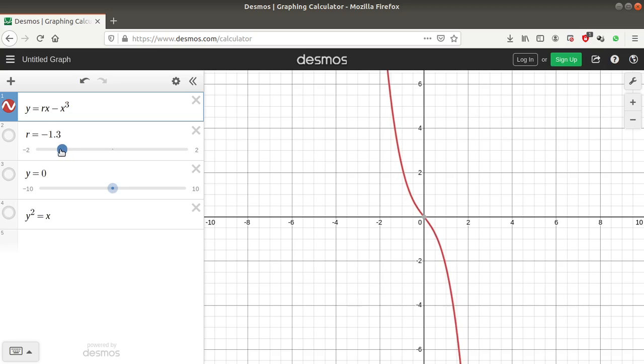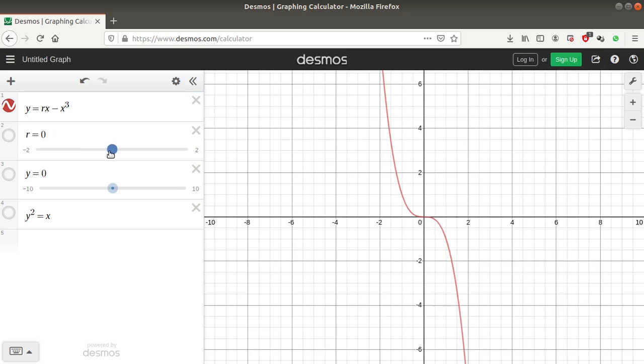If my r value is negative, then I have one fixed point, which is exactly at 0. And what if I increase the r value? Still one fixed point. When I reach r equal to 0, still one fixed point, right?